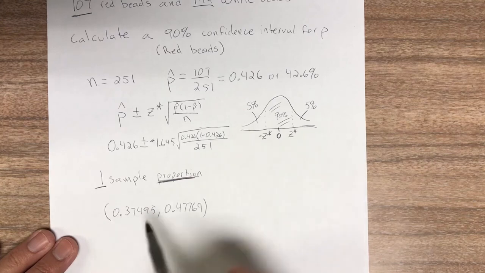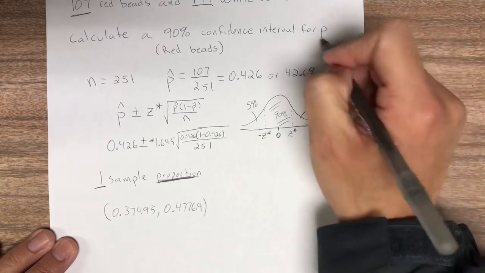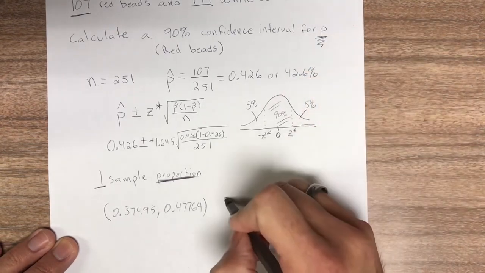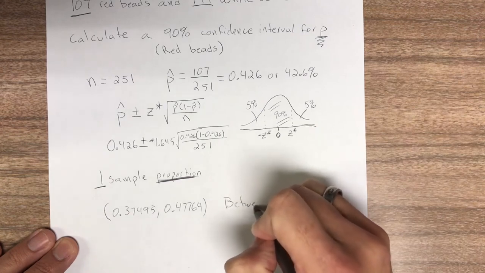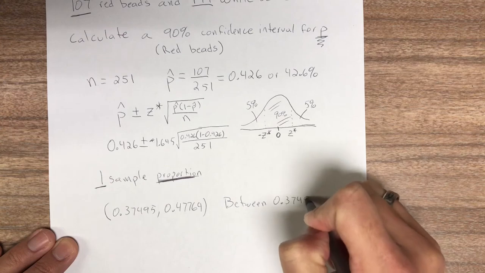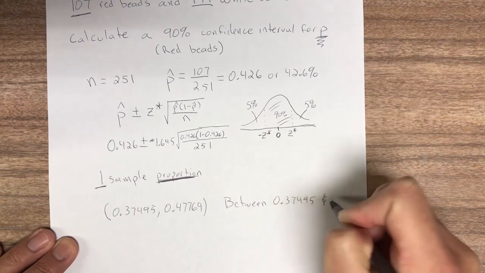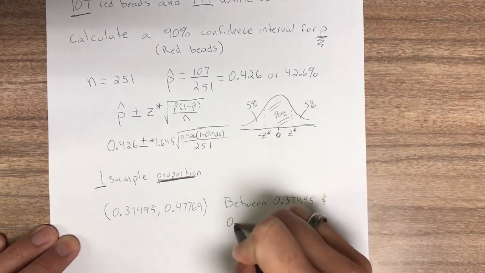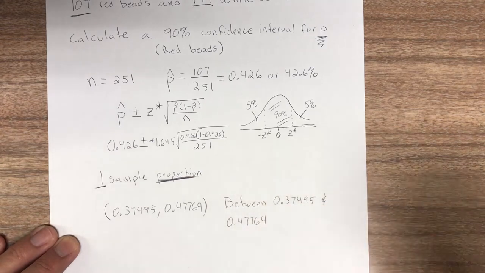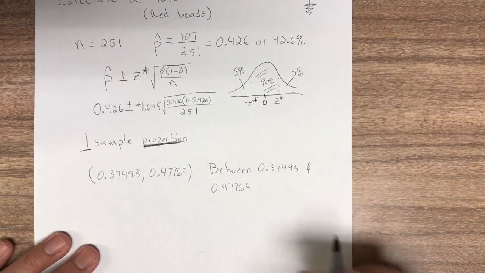What it means is our estimate for the P value is between 0.37495 and 0.47764.